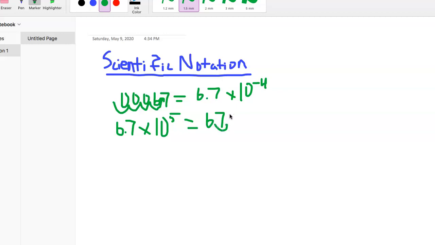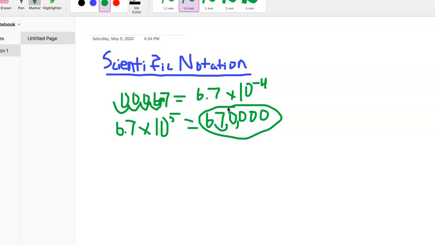Let me throw on 4 zeros. Pretend there was never a decimal place. And 670,000 will be our answer for 6.7 times 10 to the 5th.